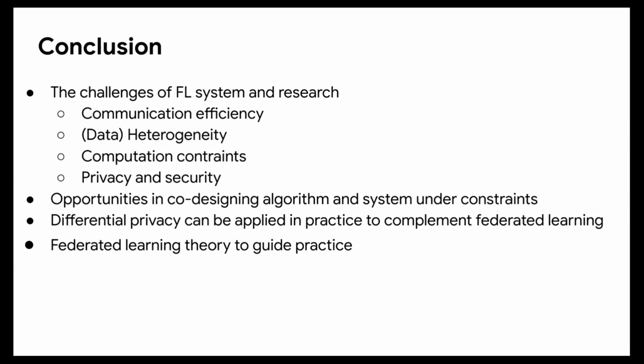And maybe on some benchmark datasets, the accuracy will be very low. Like on CIFAR, if you want to guarantee epsilon-delta differential privacy, the accuracy might be only 60% or 70%.